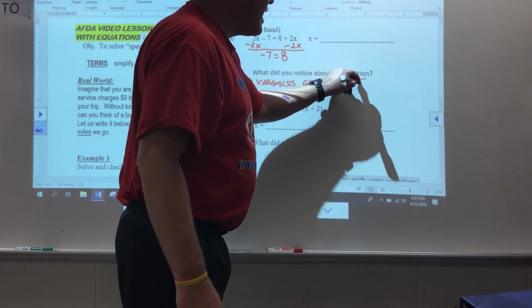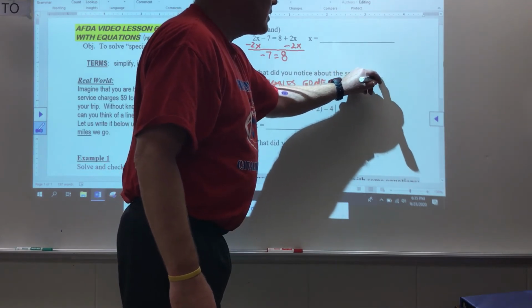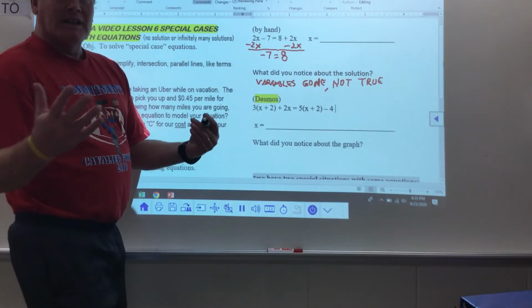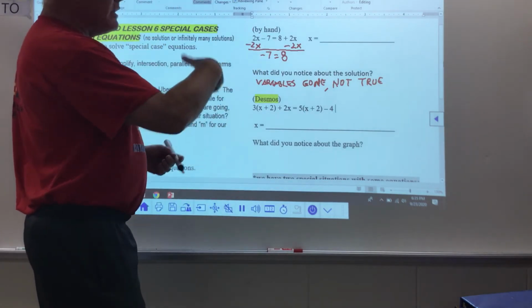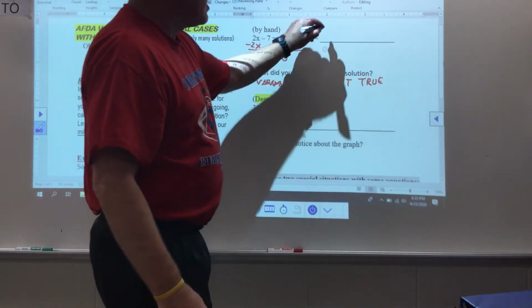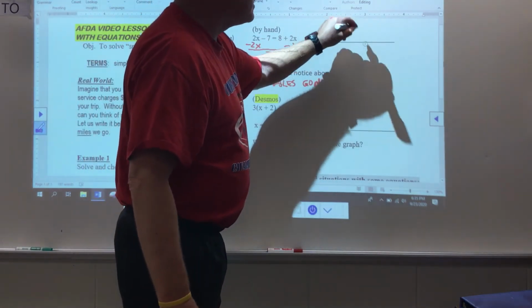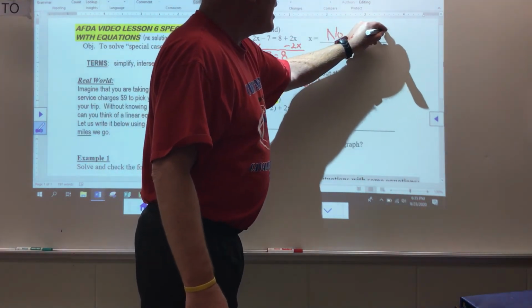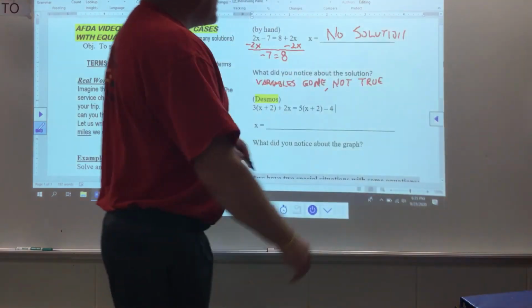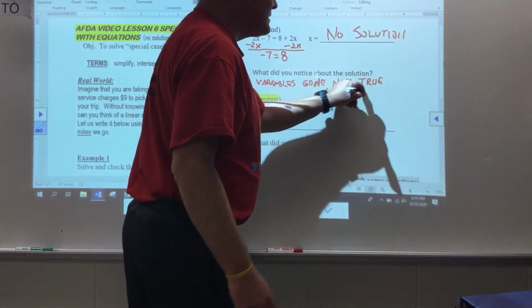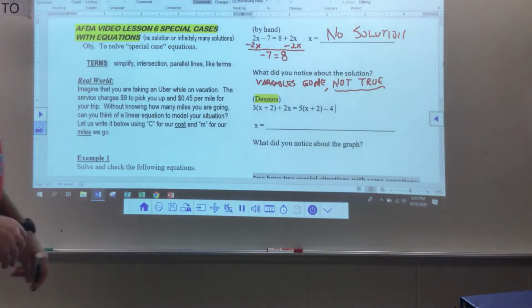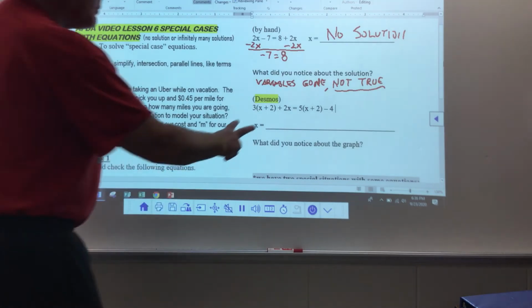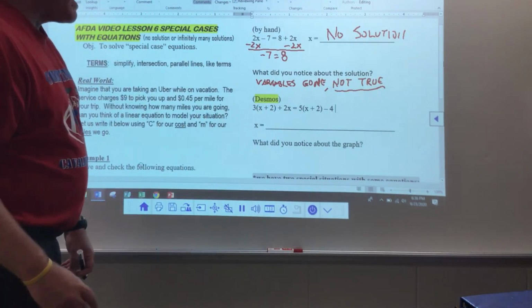And the equation's not true. So what do we do in that situation? Well, that's going to be a by hand case of no solution because we can't find what our x is. It's gone. And besides that, an important thing is it's not true.